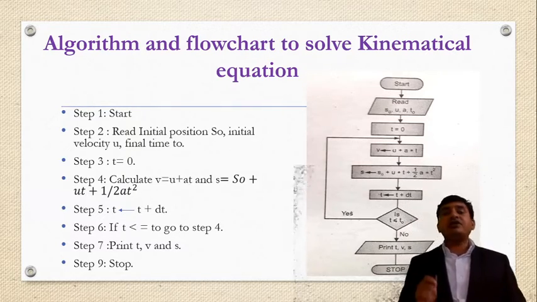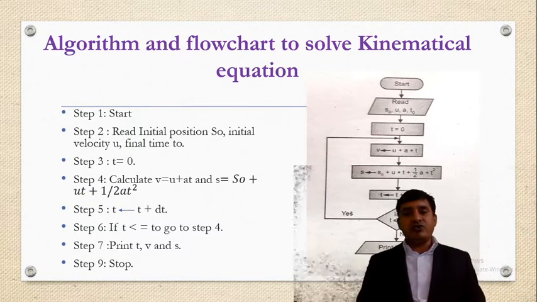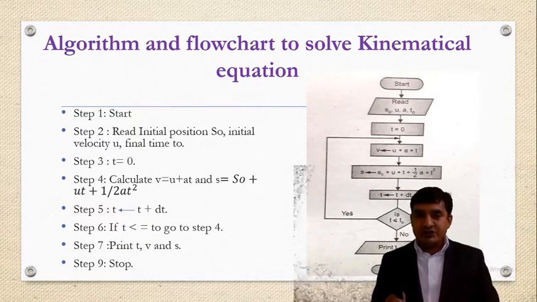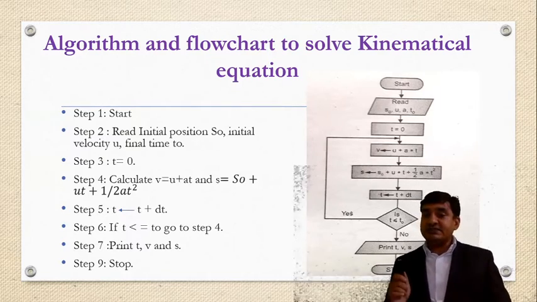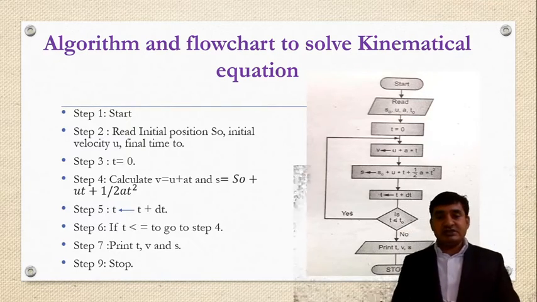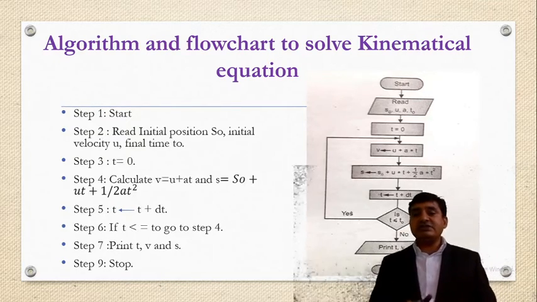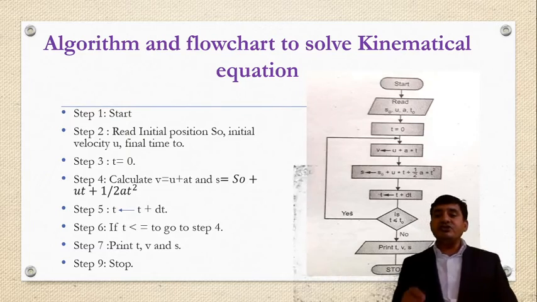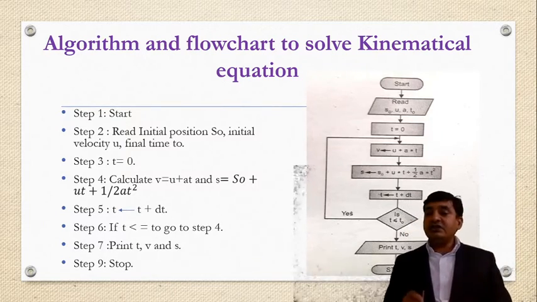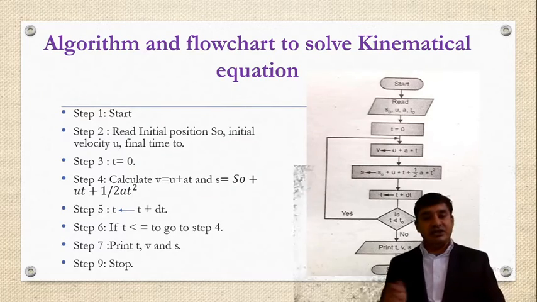Now calculate the final velocity by using the formula v is equal to u plus at, and displacement, that is s is equal to s0 plus ut plus 1/2 at square. Now time t is incremented by dt.